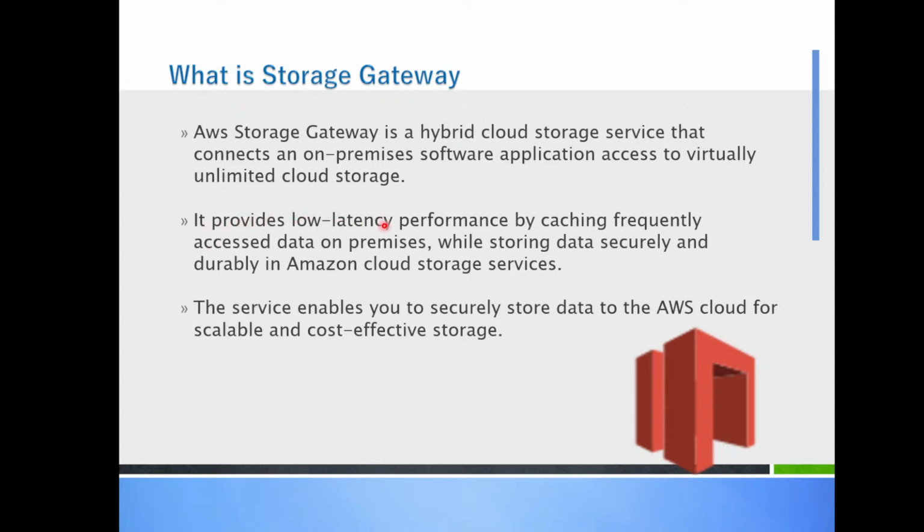It provides low latency performance by caching the frequently accessed data on-premise while storing the data securely and durably in S3 cloud storage service. The service enables you to securely store the data to the AWS cloud, scalable and cost effective.